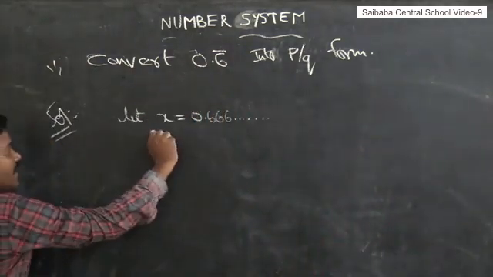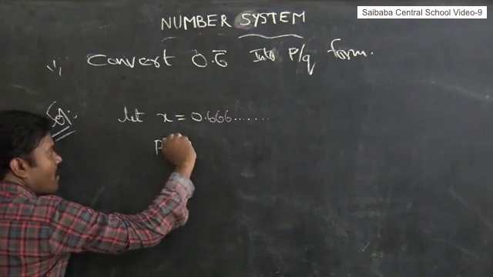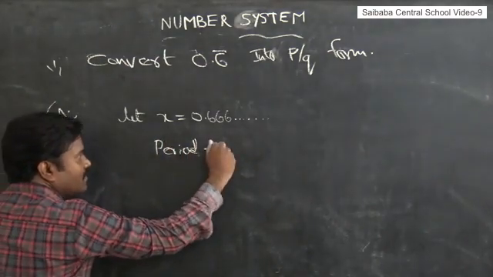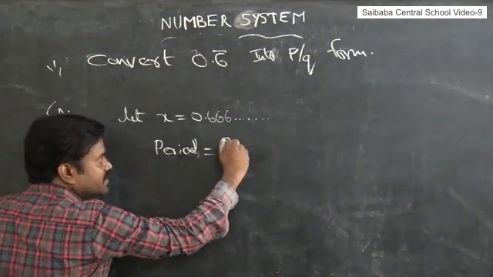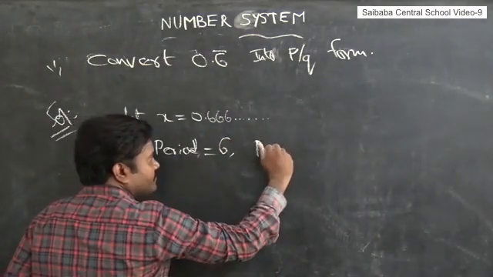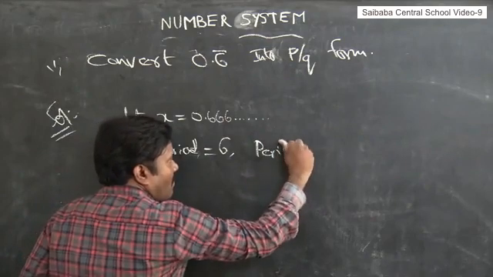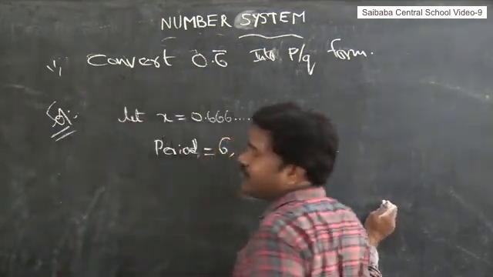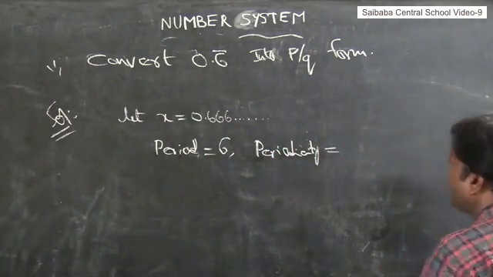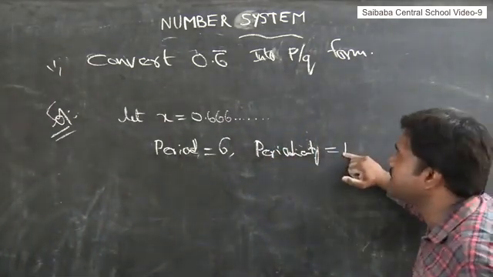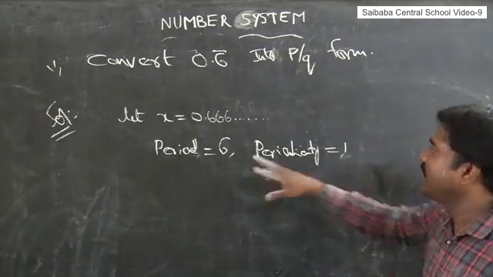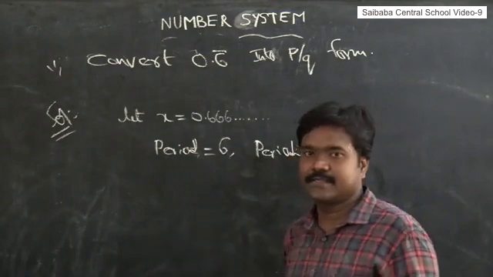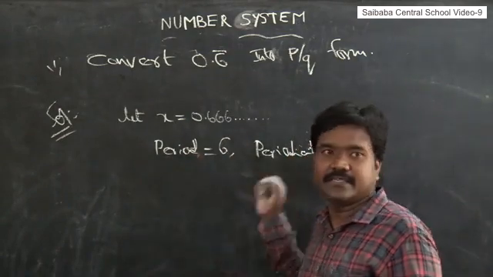What is the period? The period is 6, only 6 is repeating. And the periodicity is the number of digits repeating in the period, that is 1, only 1. Once again I repeat, the first step is taking x without the bar. Second, period and periodicity.